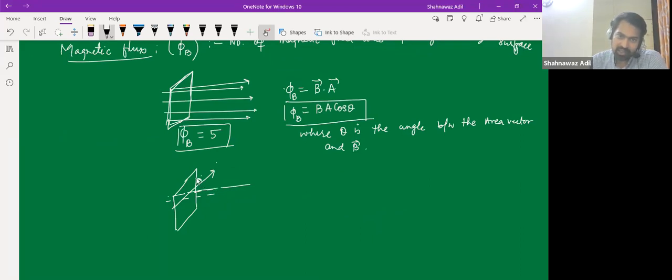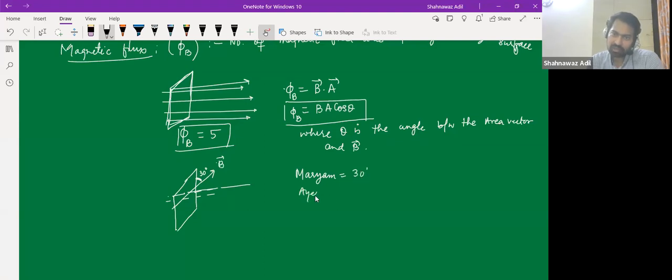This angle is, let's say, 30 degrees. So what would be the angle between the surface area and the field? What is the theta in this case? 30 degrees? Mariam is saying that it is 30.